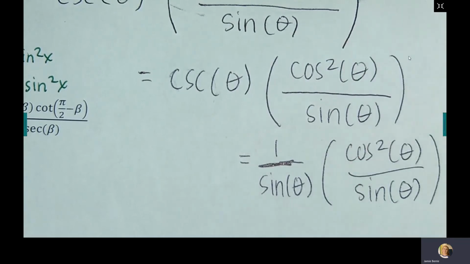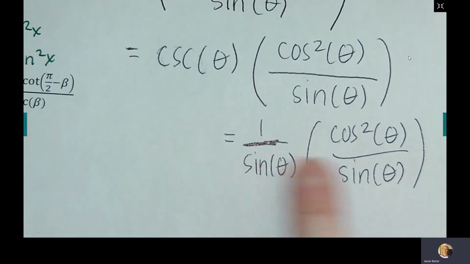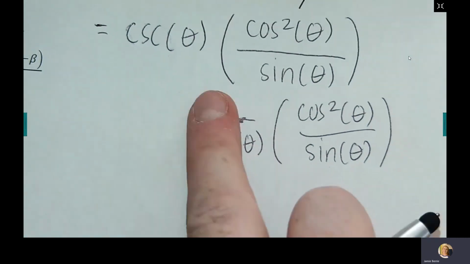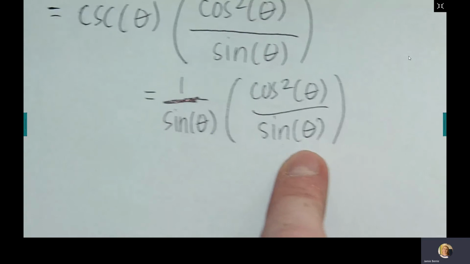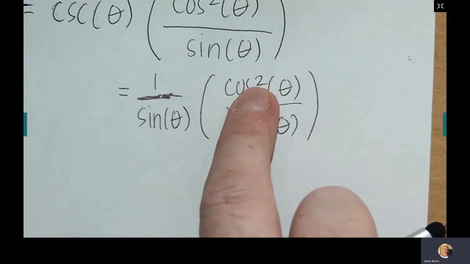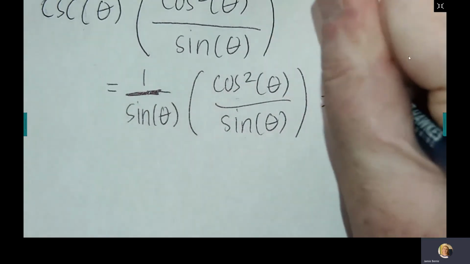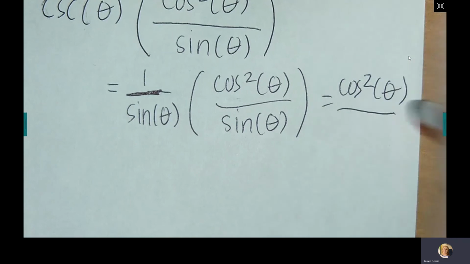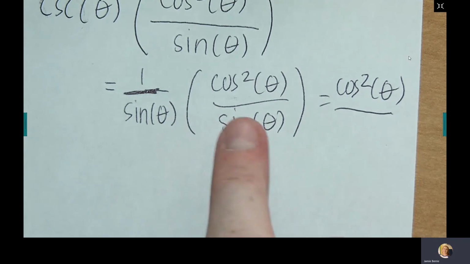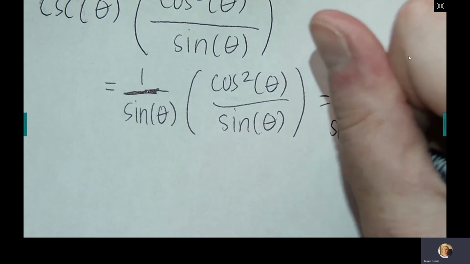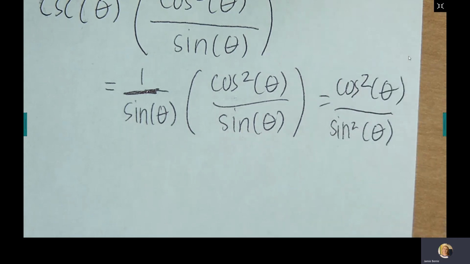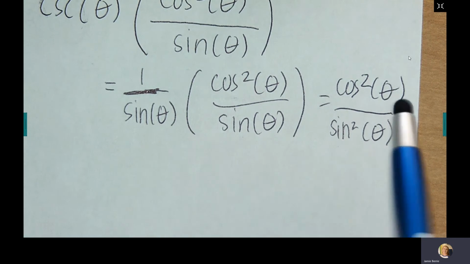Nothing to cancel here, unfortunately. But we can just go ahead and multiply these fractions together. Multiply numerators, multiply denominators. So 1 times cosine squared theta is just cosine squared theta. And then sine times sine is sine squared. So that's going to be sine squared theta.